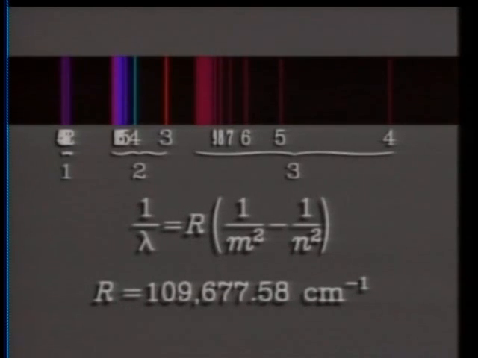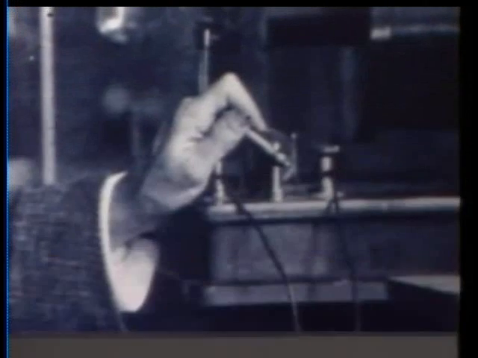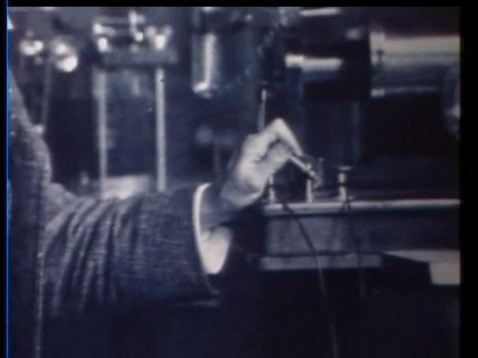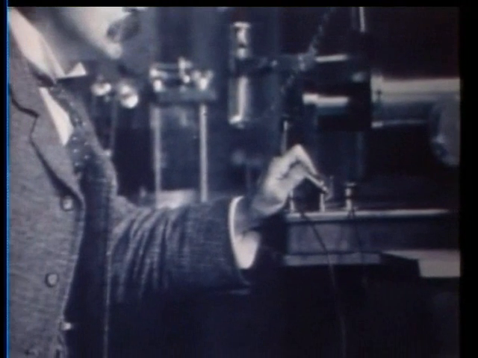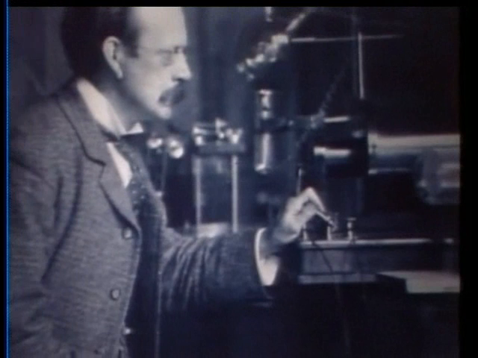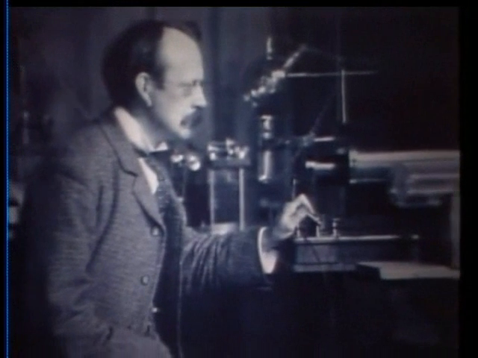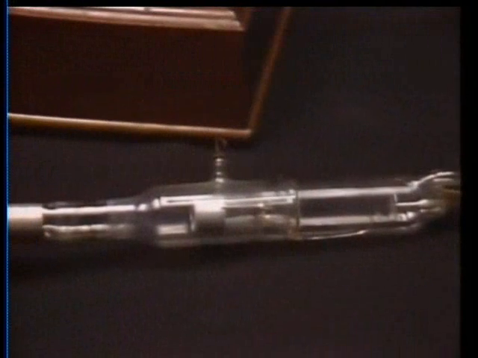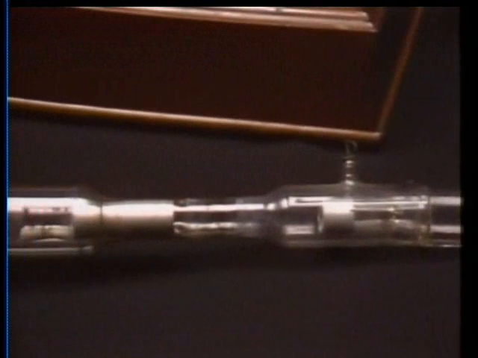From that point onward, it was possible to predict new lines. But to understand the nature of the atom in a deeper sense would require someone to make a discovery along different lines. And that someone was Professor J.J. Thomson, a disciple of Maxwell in the theory of electromagnetism, and, in his own right, a man determined to look into the internal nature of the atom and to discover how it worked.